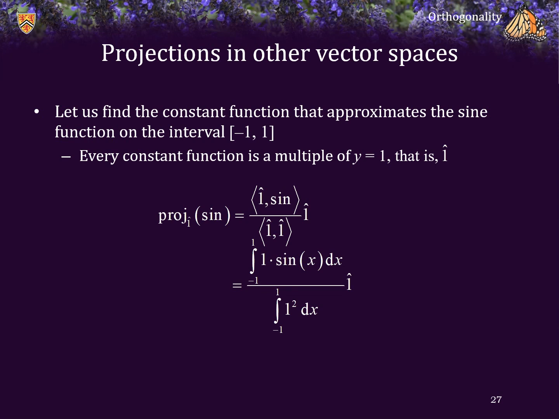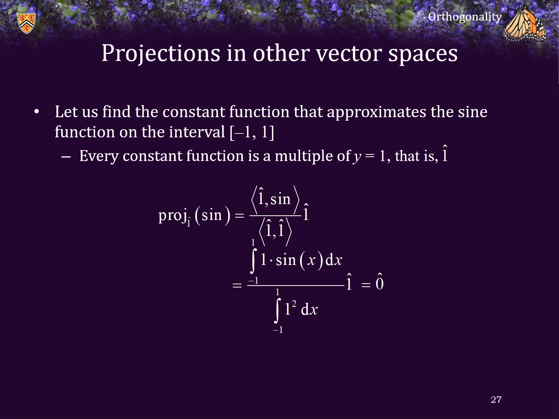Now, the denominator you're going to find is equal to 2, but the numerator is equal to 0. And 0 times the one function is the 0 function. Consequently, the best constant function that can approximate the sine function from -1 to 1 is the 0 function.